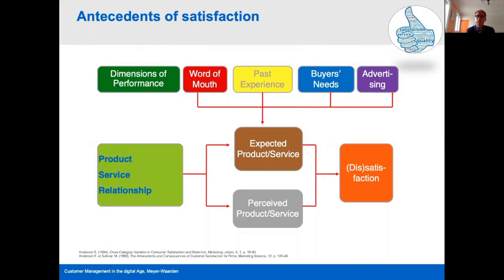And you can see that the expectations customers have depend on these 4 variables. So first of all, communication. So the more positive the advertising is, the more the company gives promises to the customers, the higher the expectations. In the same vein, the better the word of mouth or the reviews done by customers are, the higher will be the expectations.